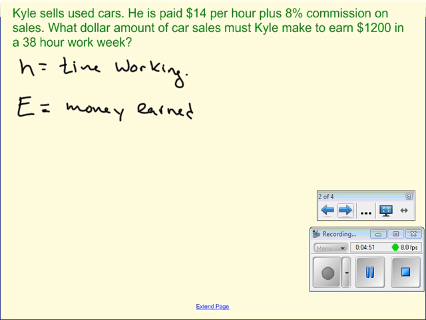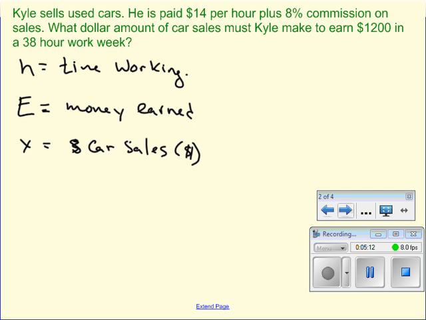And I'm going to say that X is the amount of money he sells, so these are his so-called car sales, and it's in terms of money. So I have H, I have E, and I have X.